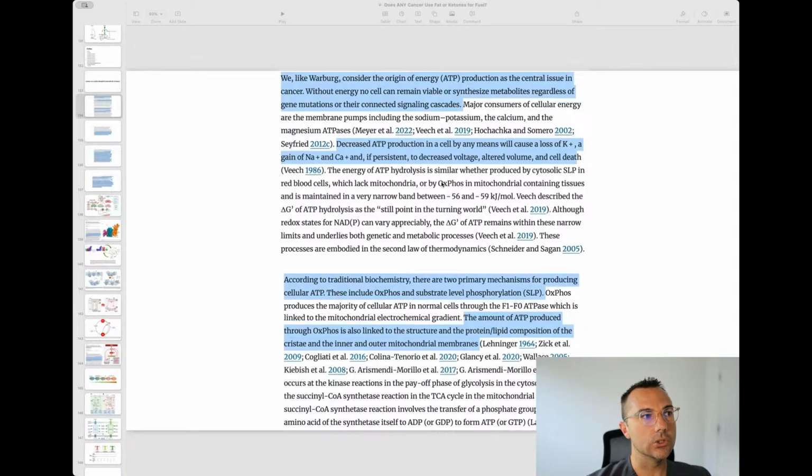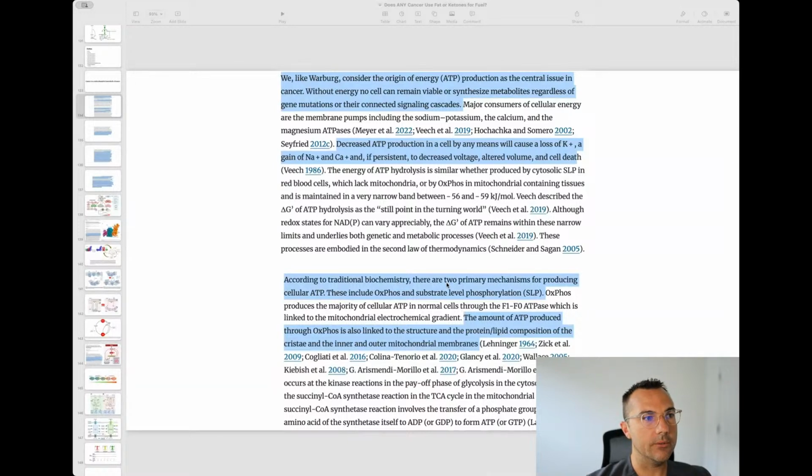And if you lose that, you will have decreased voltage across the membrane, it'll alter volume, and it'll ultimately lead to cell death. So again, underscoring the central role of energy for cells to remain alive.